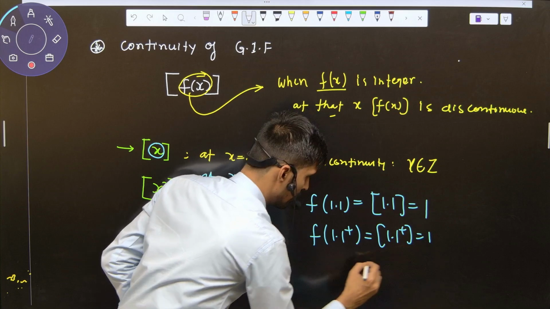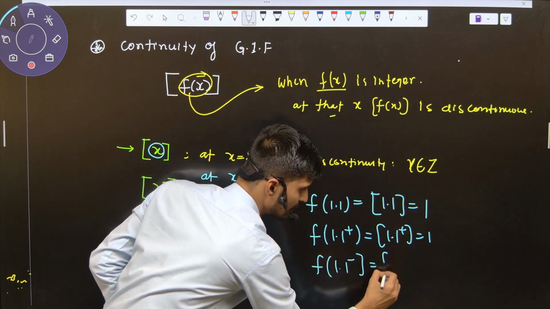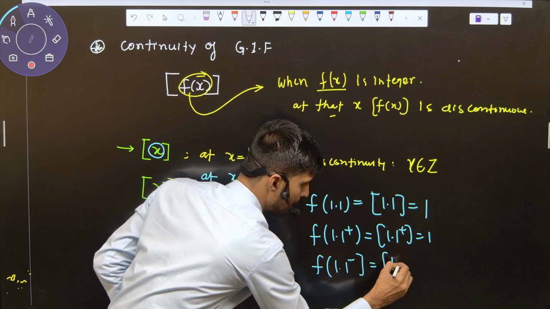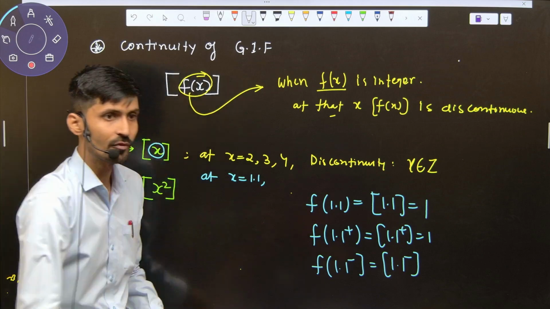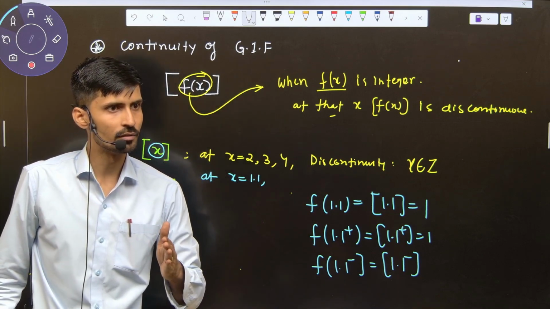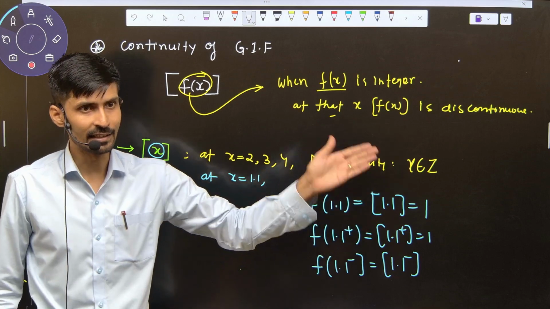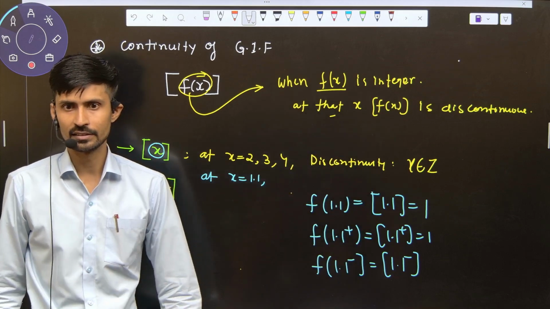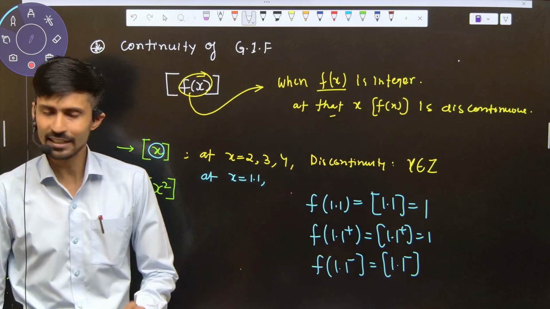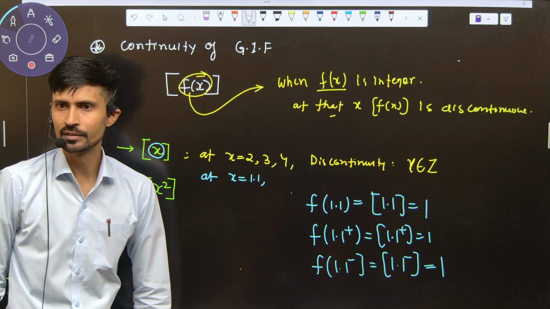And f of 1.1 minus, what will be 1.1 minus? 1.0999999999. Again, its greatest integer will be 1. Tell me, are all equal or not?